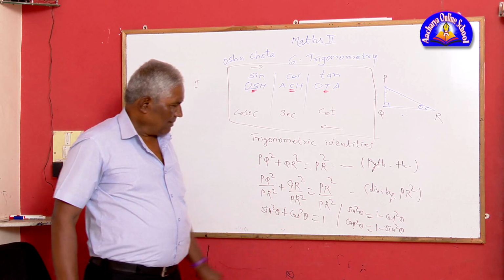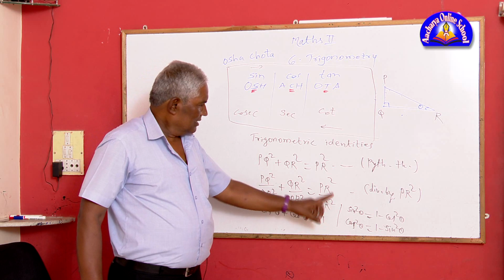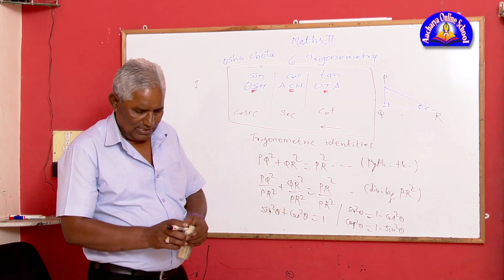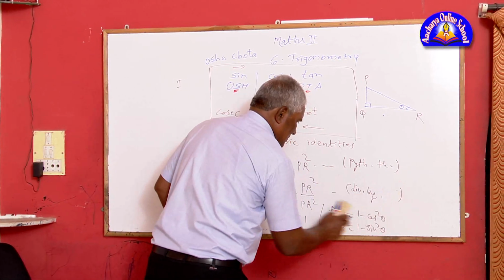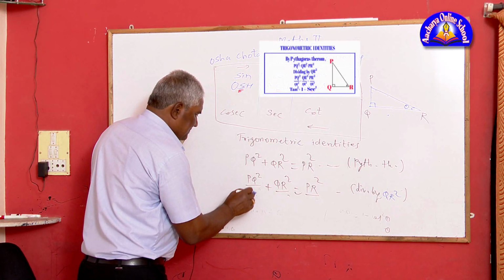This is one formula. Now we have divided this by PR square. Suppose we divide this equation by something else, what difference will it make? Suppose instead of PR square, we divide the whole equation by QR square.